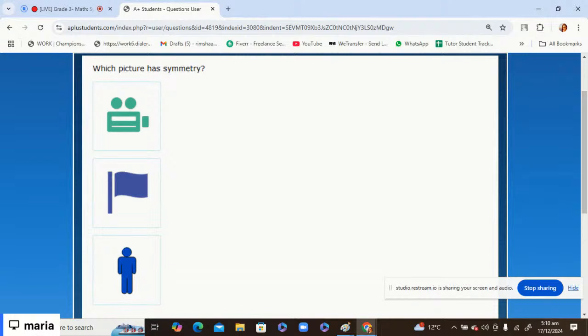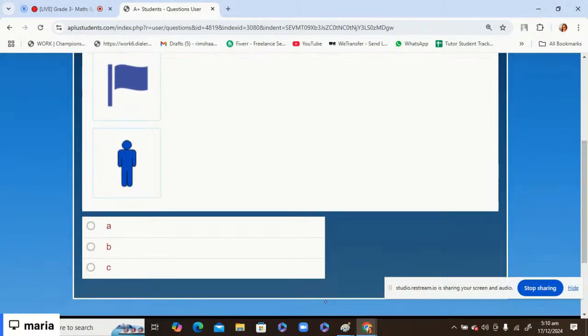All three figures are given. One of you is saying it's option 3. Okay, option C. Good, this is option C. Okay, let's go with it.